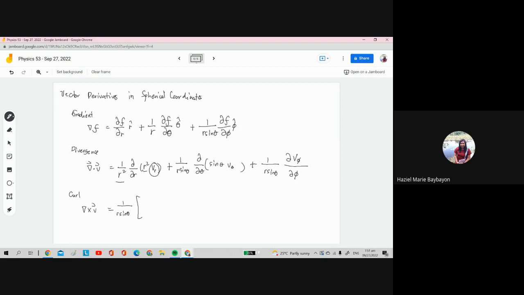So it's 1 over r sine theta multiplied by the partial derivative of sine theta v phi minus the derivative of v theta with respect to phi.